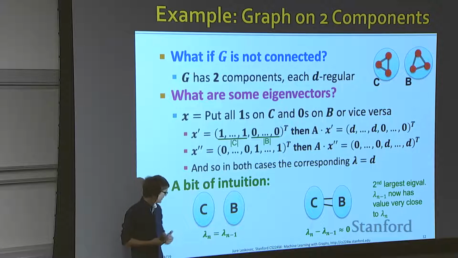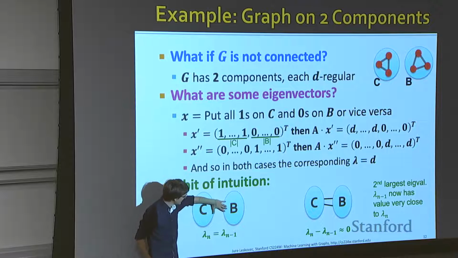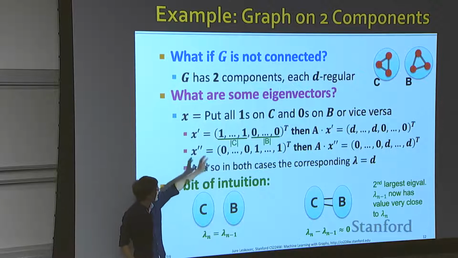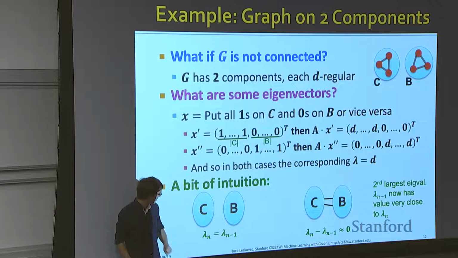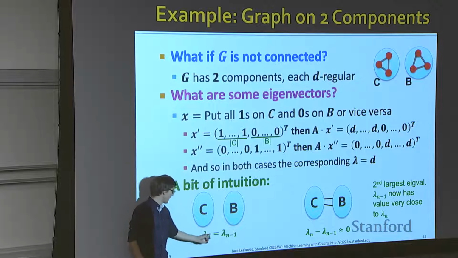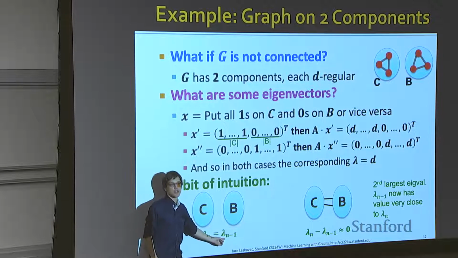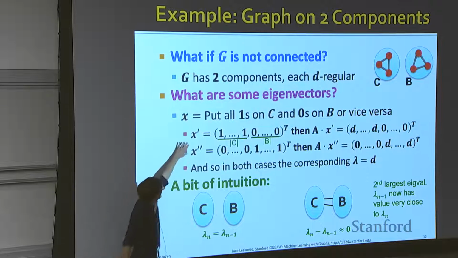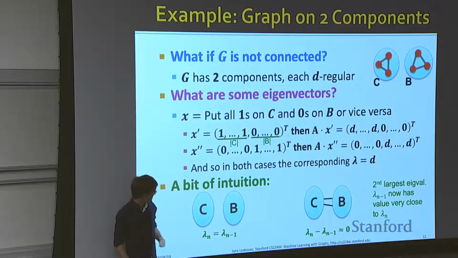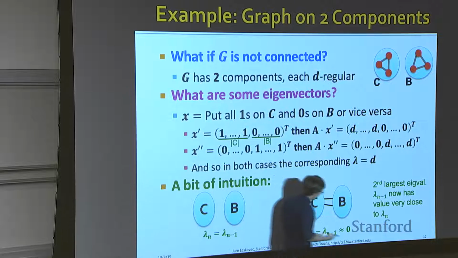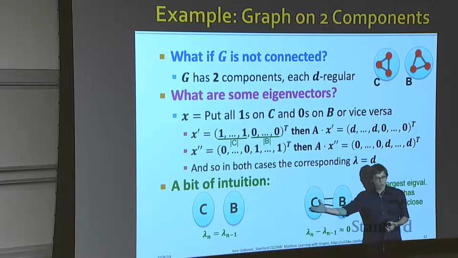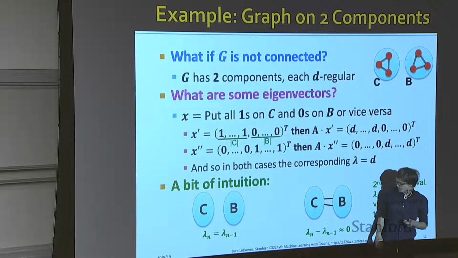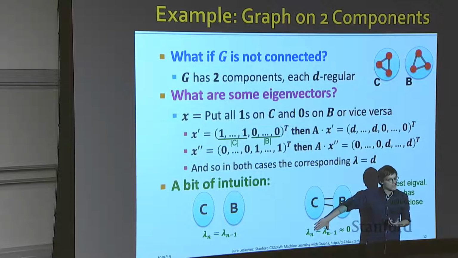And now I'll tell you a bit more intuition. What we did here, when we have a disconnected graph of two connected components, and again, this is all true for D-regular graphs, is that the largest eigenvalue is equal to the second largest eigenvalue. The first two eigenvalues are equal, and these are the corresponding eigenvectors. So now you can think that if I have a graph that's almost disconnected, with just a few edges across these two components, something similar will happen.